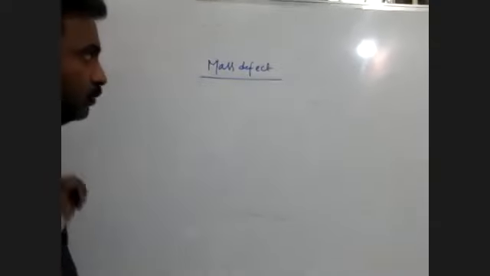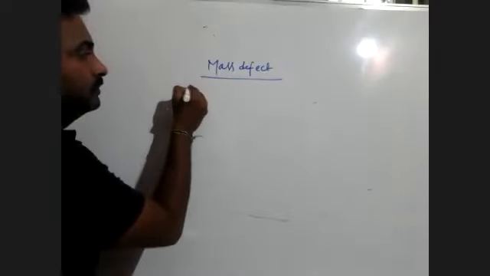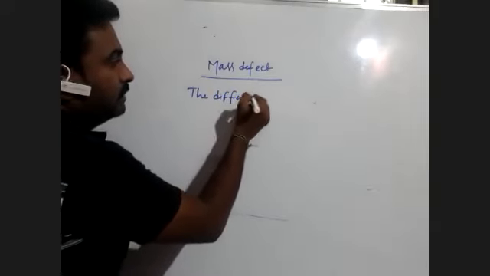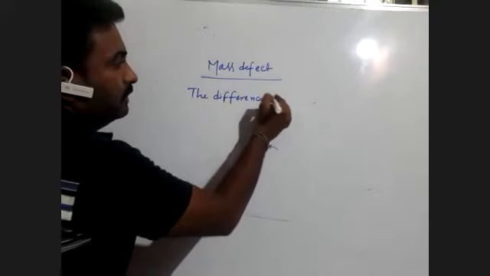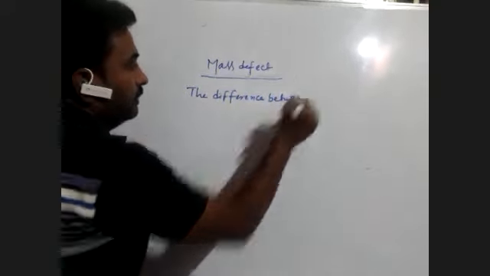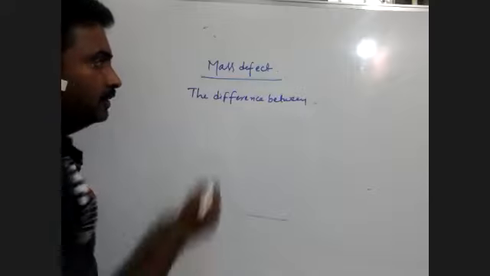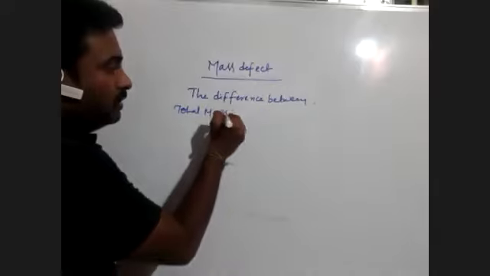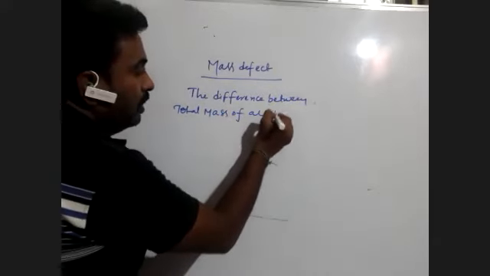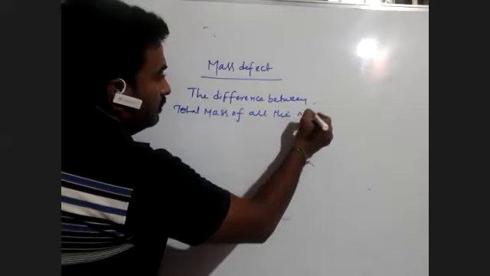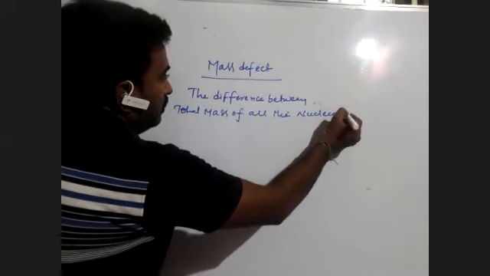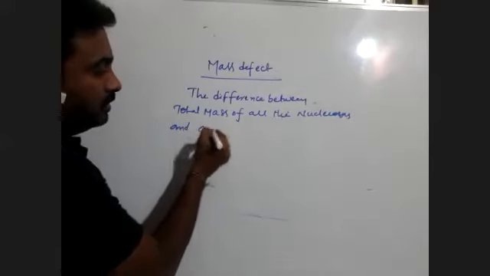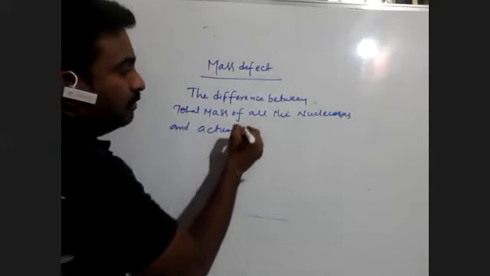Mass defect. What is mass defect? The difference between total mass of all the nucleons and actual mass of the nucleus.